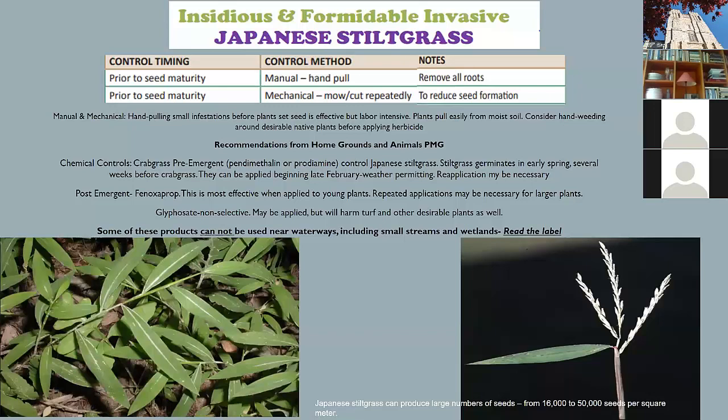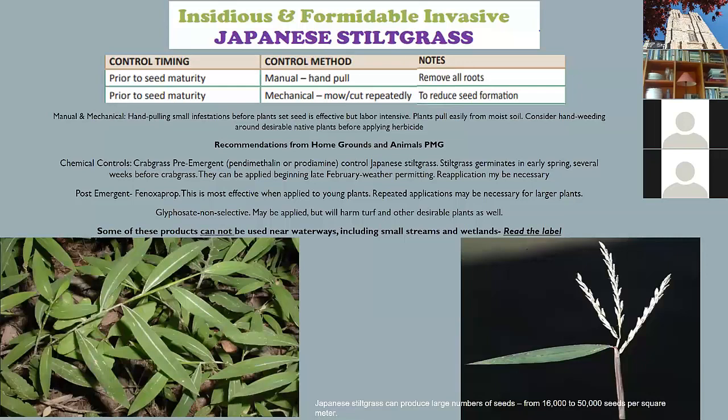Post-emergent, it's effective when the plants are young, and repeated applications may be necessary for larger plants. And glyphosate is also an option, but remember that it can harm turf and other desirable plants as well. And some of the products I listed above can't be used in our waterways, including small streams and wetlands, and remember to read the label.